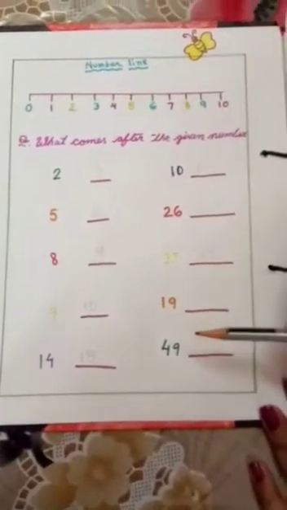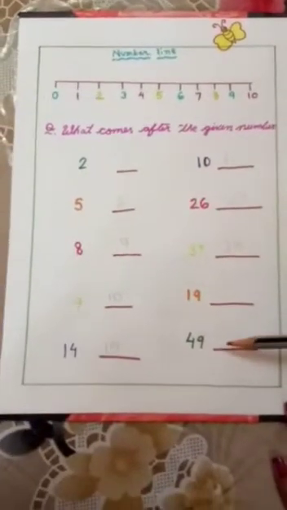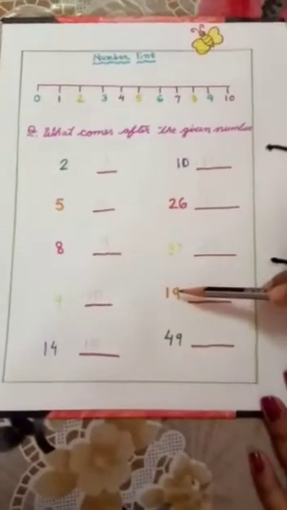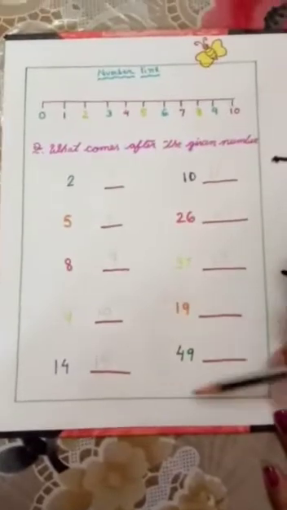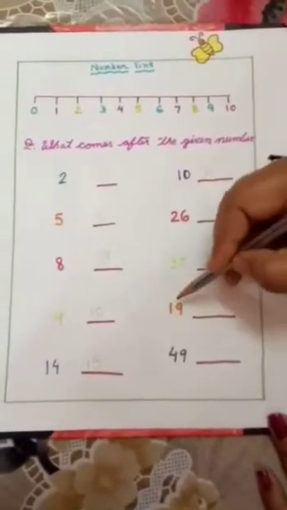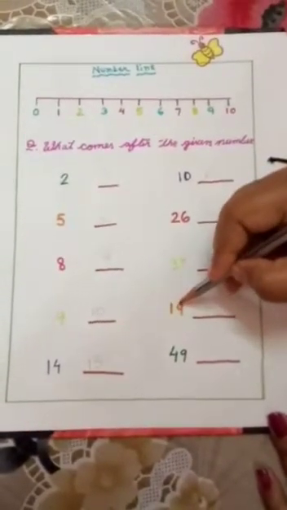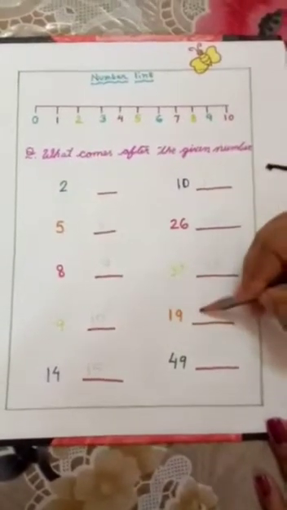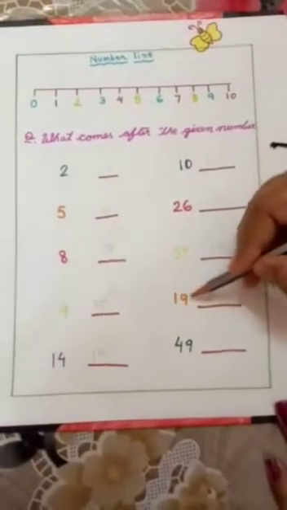And now in case when the last number will be 9, the whole number will change. See here I have written 19. So the first 1 will change to 2, the next number, and 9 will change to 0.